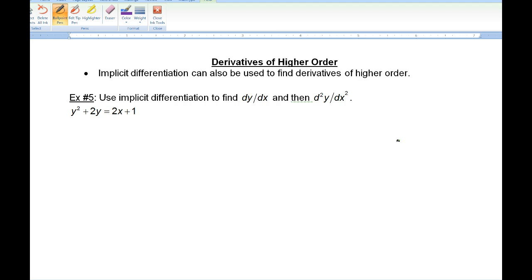Remember, it's the second derivative with respect to x, finding the derivative again with respect to x. It's kind of like when we did acceleration and it's per second squared, but we say it's per second per second. The same thing is true for derivatives. It's with respect to x and then with respect to x again.